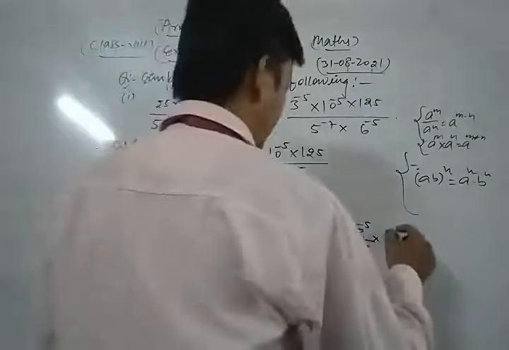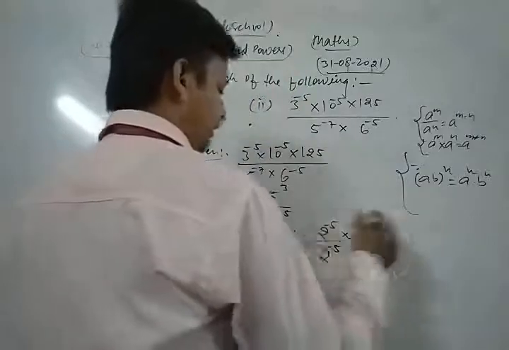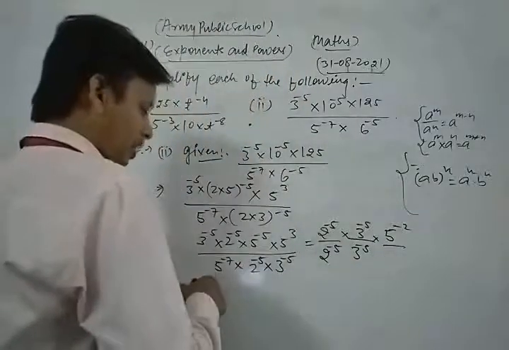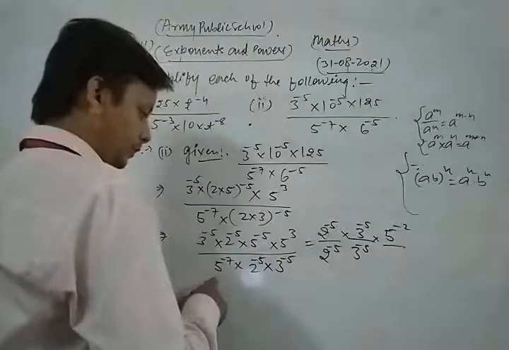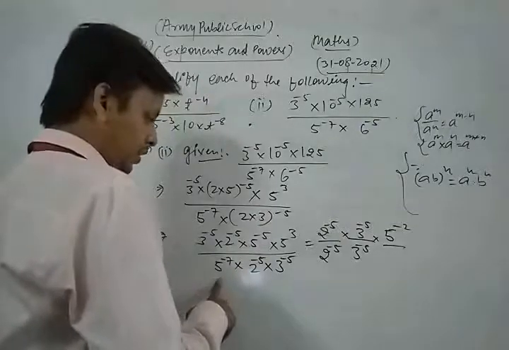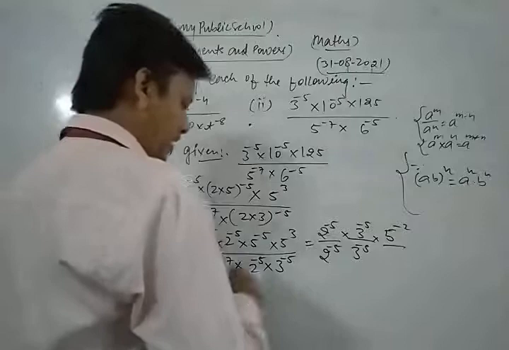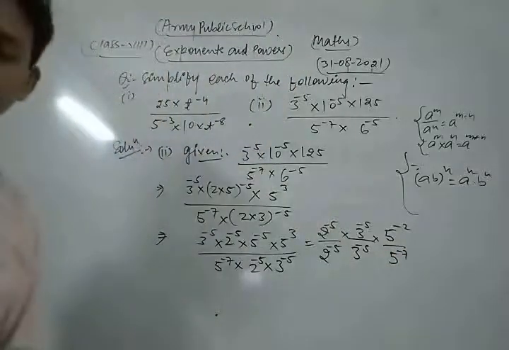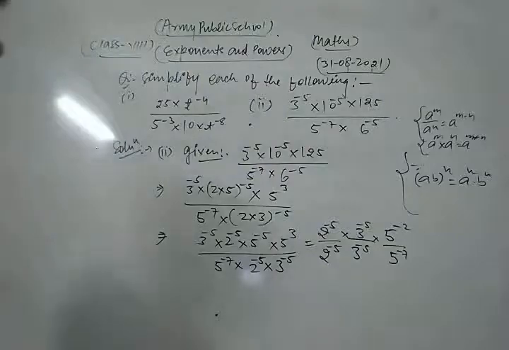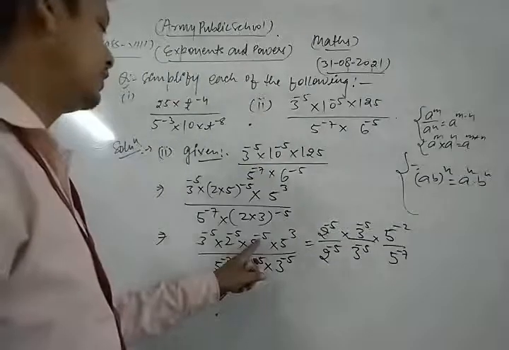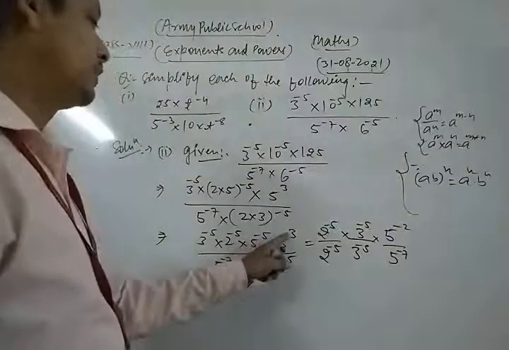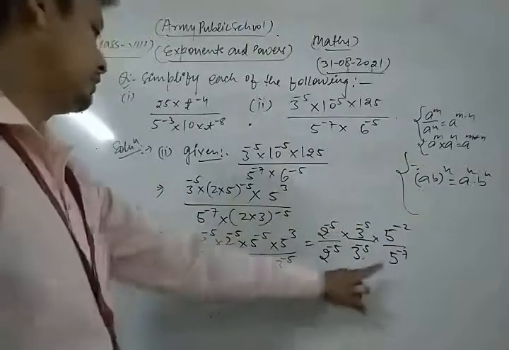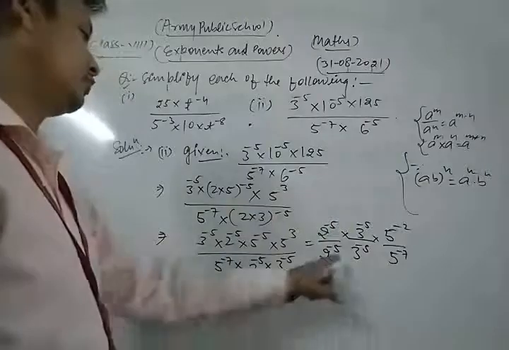So 5 to the power, this is minus 5 plus 3, that is minus 2, upon 5 to the power minus 7 in the denominator. Write in this way. Now look, minus 5 plus 3, this is minus 2 here, and this is 5 to the power minus 7, 2 to the power minus 5, 2 to the power minus 5.